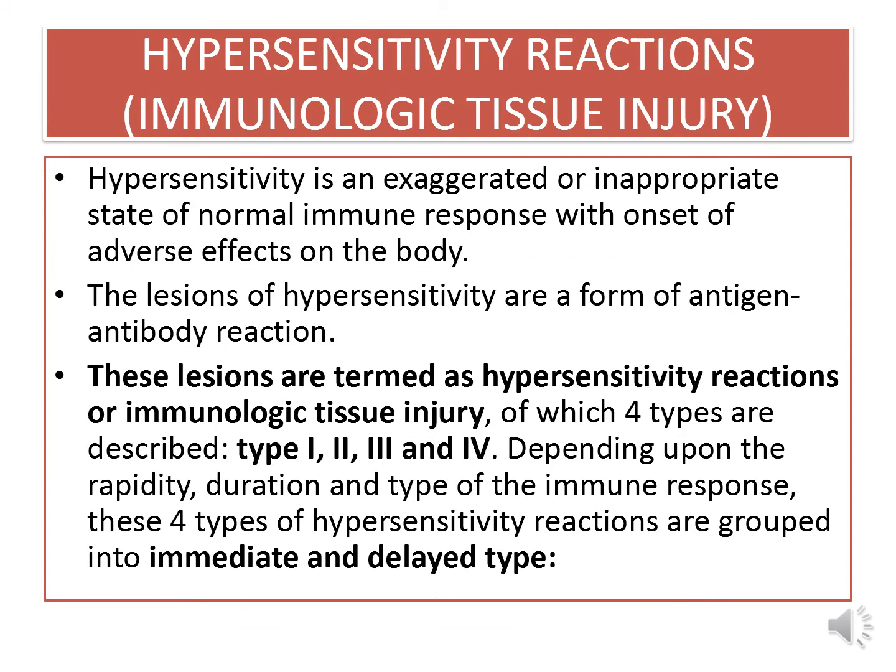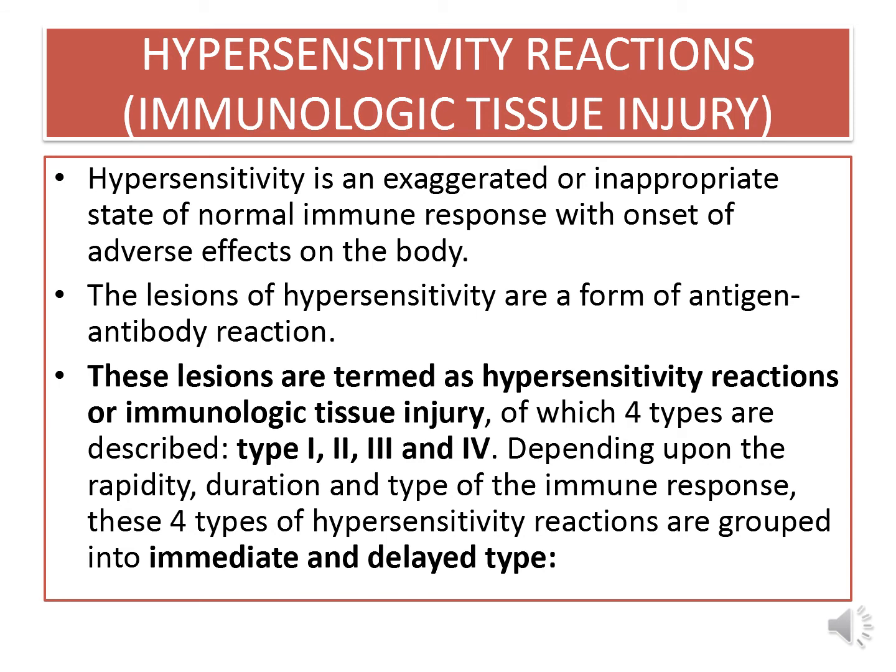Hypersensitivity is an exaggerated or inappropriate state of normal immune response with onset of adverse effect on the body. So we see overreaction and also the following adverse effect on the body. The lesions of hypersensitivity are a form of antigen-antibody reactions.